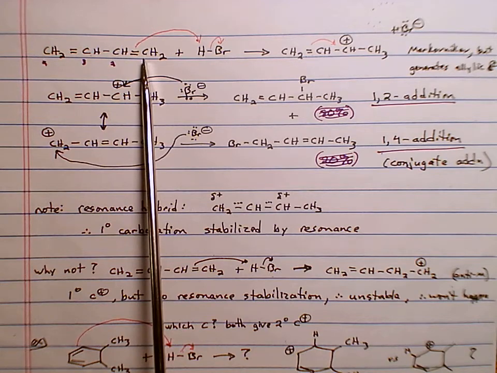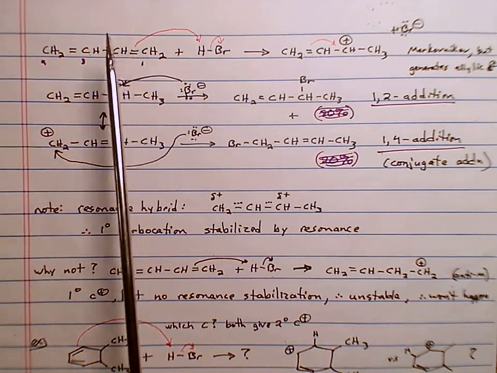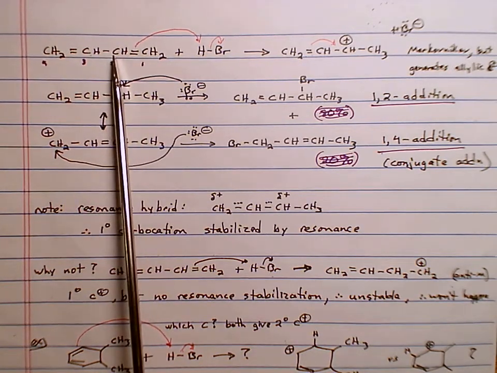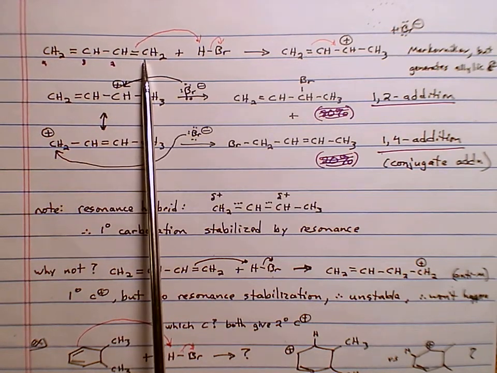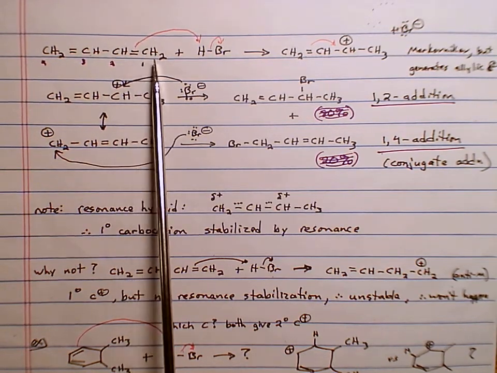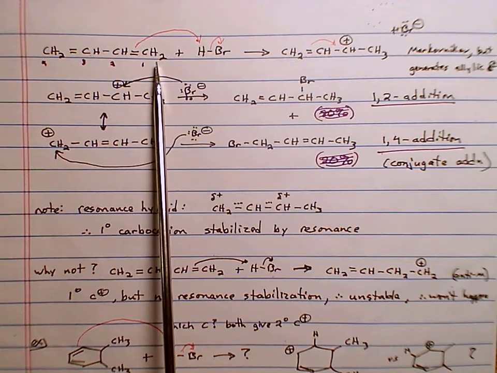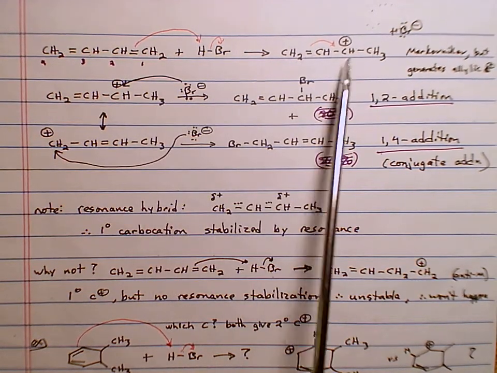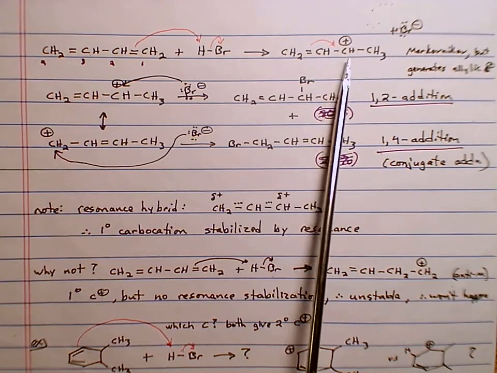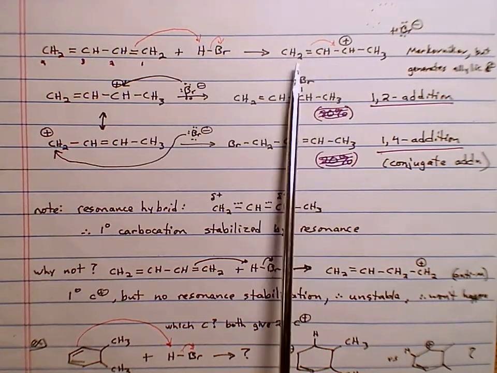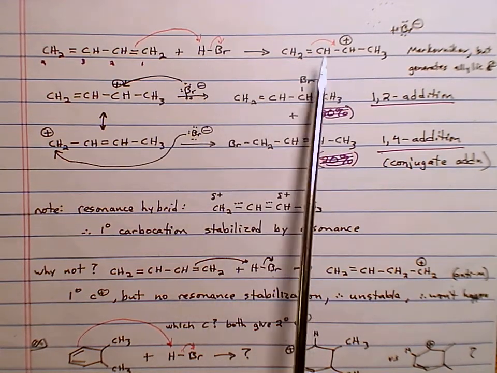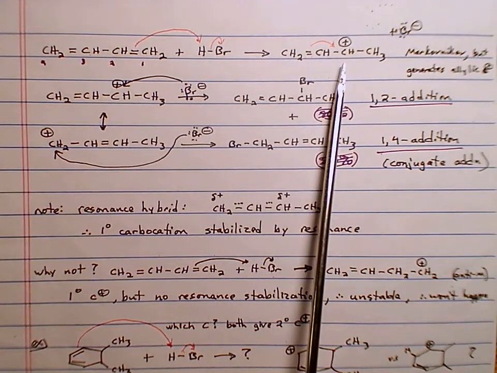Well, it still follows Markovnikov's rule, because if this carbon over here got the hydrogen, then we would end up with a primary carbocation. So it's the end carbon here. The carbon with more hydrogens gets the hydrogen to make the more stable carbocation. And note, this isn't just a secondary carbocation, this is an allylic carbocation. Allylic carbocations are even more stable.